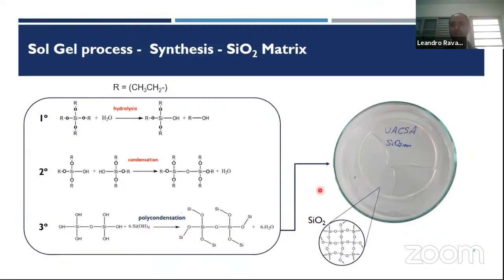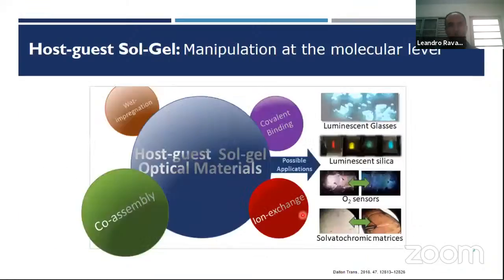After 1 week, the sample is heated to 100 degrees to eliminate the water and obtain the mesoporous silica matrix. A surfactant is added during the polycondensation reaction and then extracted with organic solvent to release the pores.